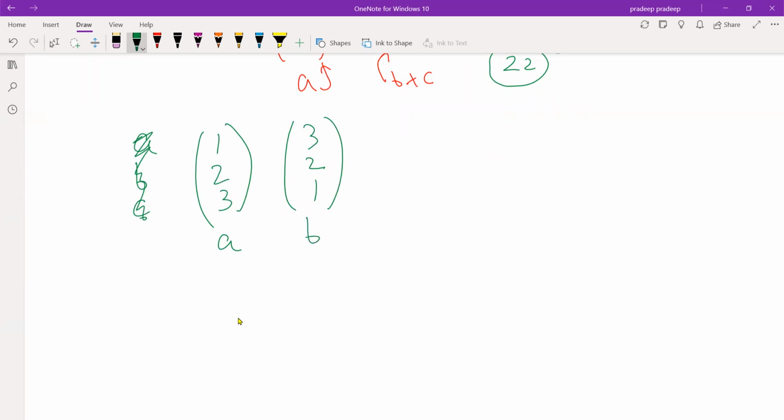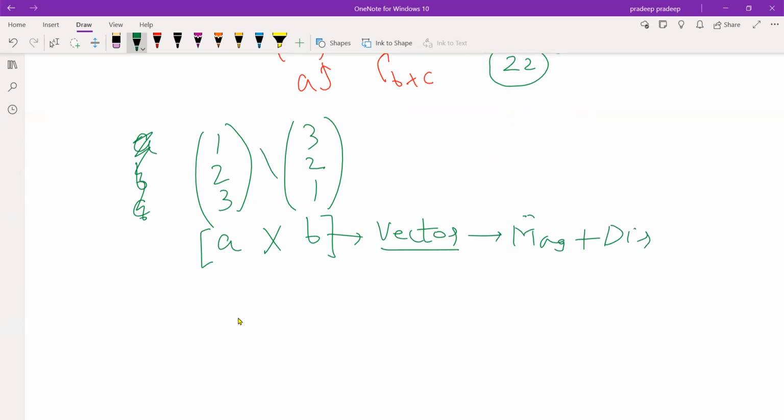So these are two vectors. Now we are multiplying them using the cross product. So the concept is that the result of the cross product will be a vector. This cross product is also called the vector product. The reason being the result is a vector, which means it is going to have a magnitude as well as a direction.